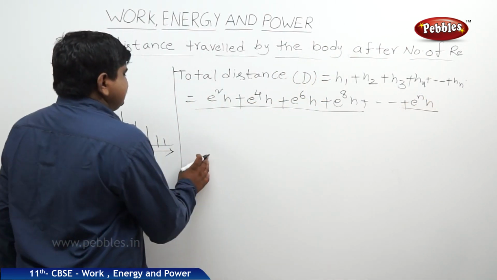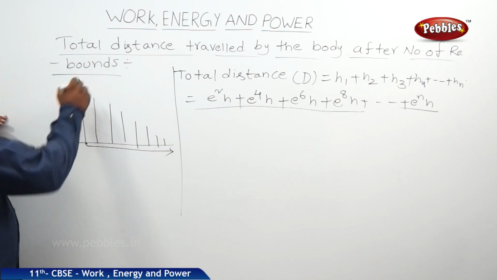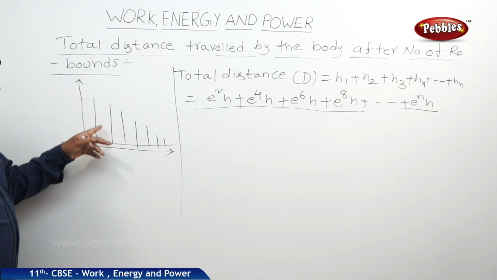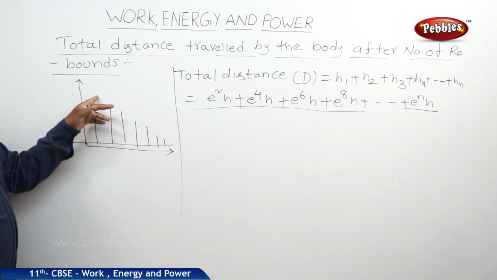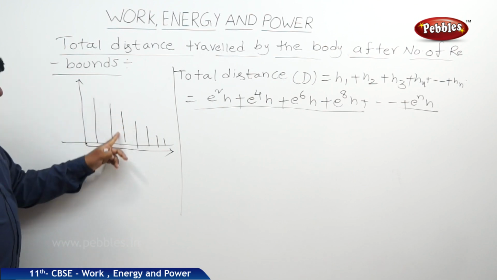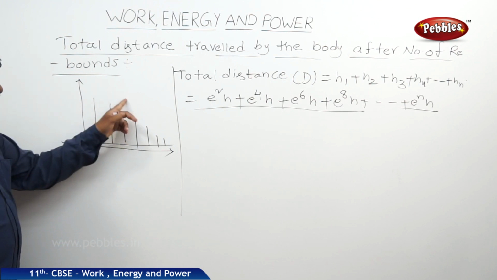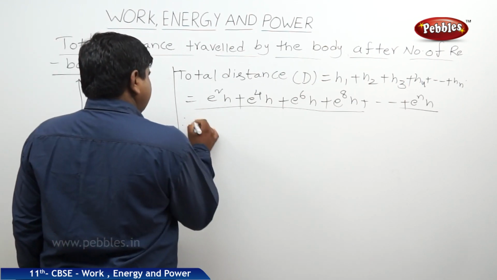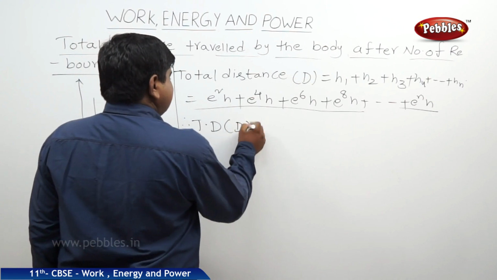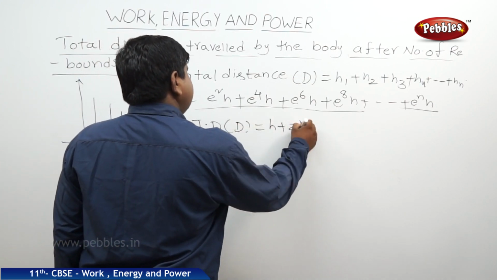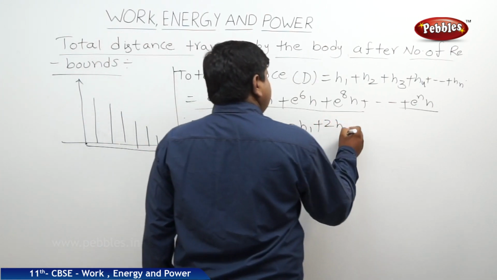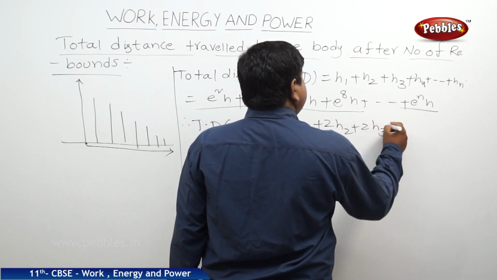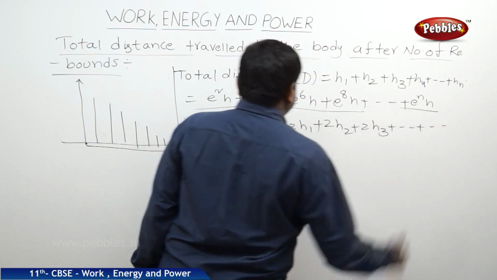So original height is h. After that it falls to h1. Next it rises to h1 and falls h1. Next h2 rise, h2 down, 2h2. h3 rise, h3 down, 2h3. So therefore total distance d is equal to h plus 2h1 plus 2h2 plus 2h3 and so on.